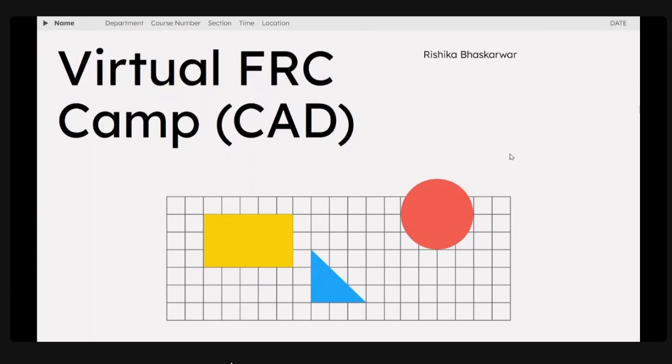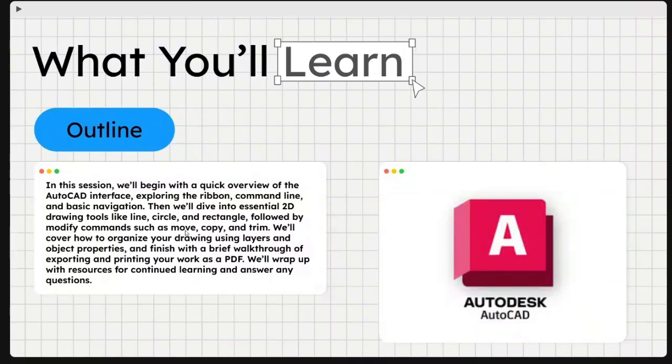All right, so the first part of the camp is going to be computer-aided design, or CAD, which will be led by Rishika. We'll first dive into essential 2D drawing skills like line, circle, rectangle, and other polygons. We'll also look at modify commands like moving, copying, and trimming what we've already drawn. We'll also be looking at different types of coordinates, which include relative Cartesian, relative polar, as well as absolute coordinates.